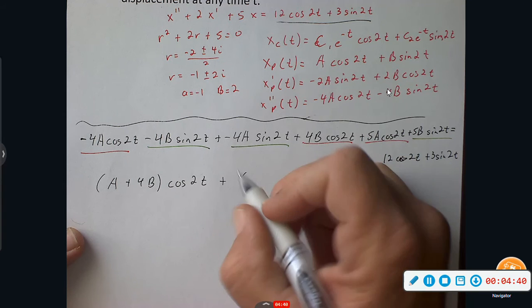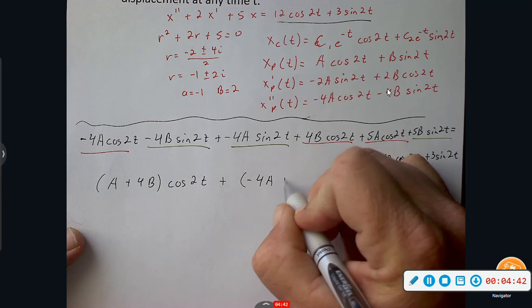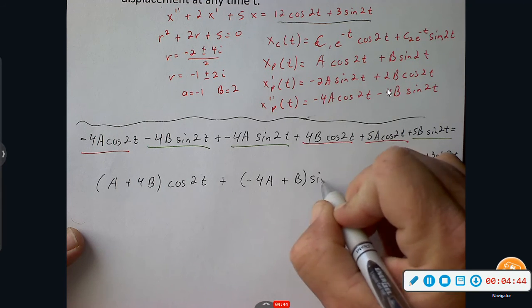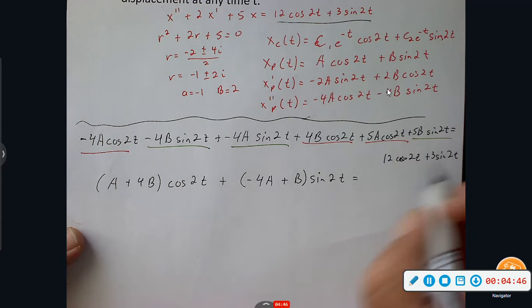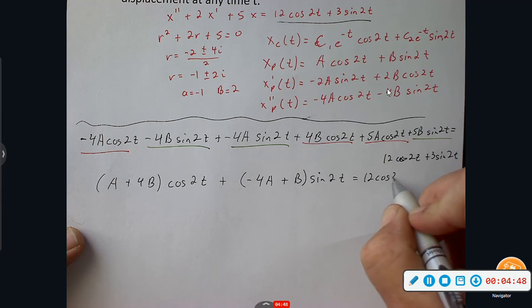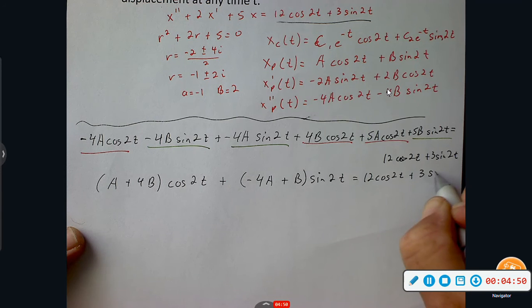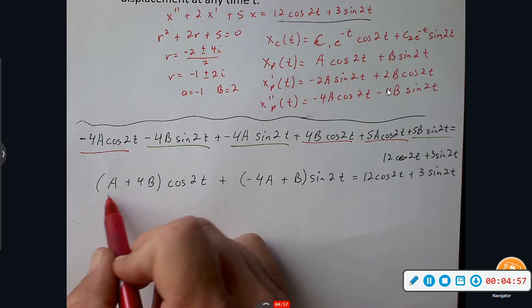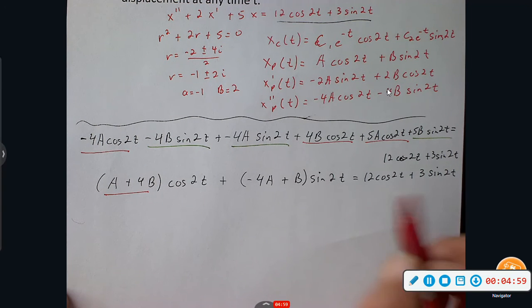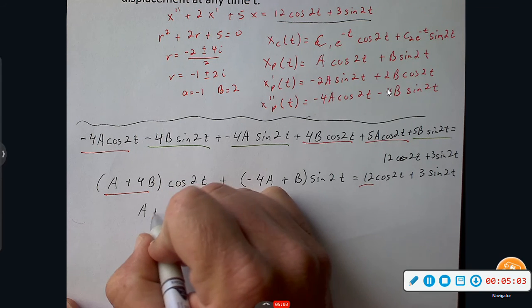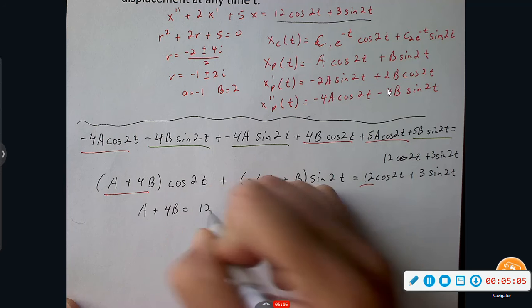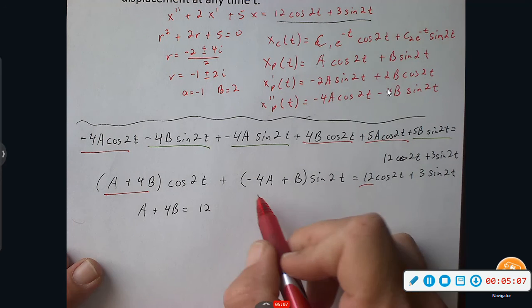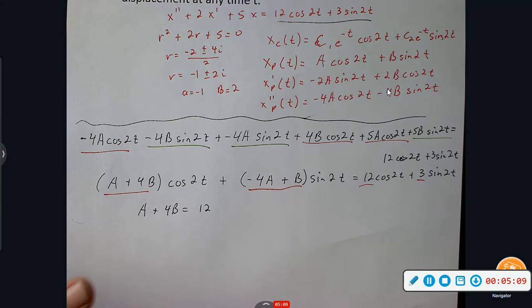And then we have the -4a. We match those up with 12 cosine 2t plus 3 sine 2t. A plus 4b equals 12. Negative 4a plus b equals 3.